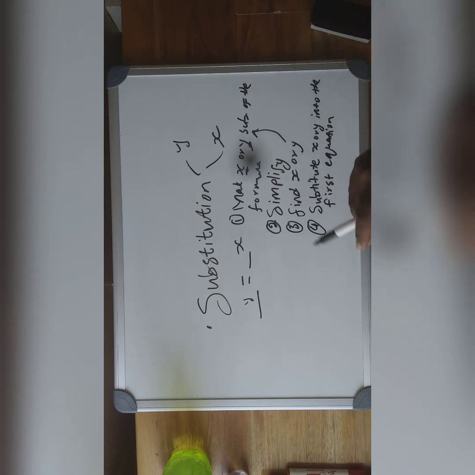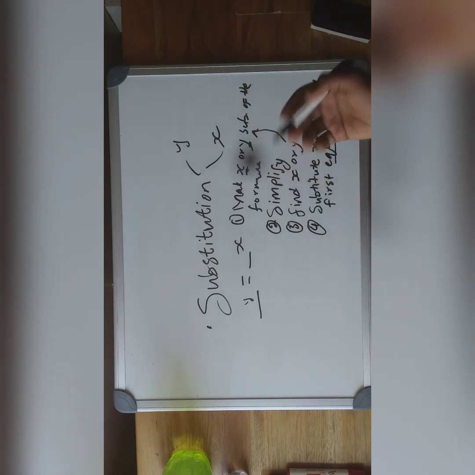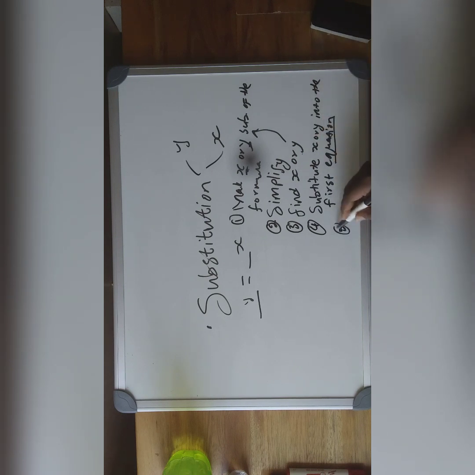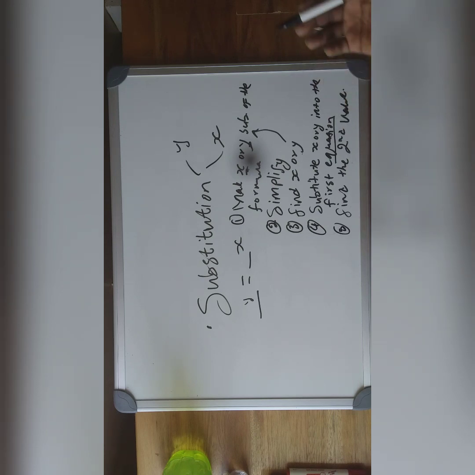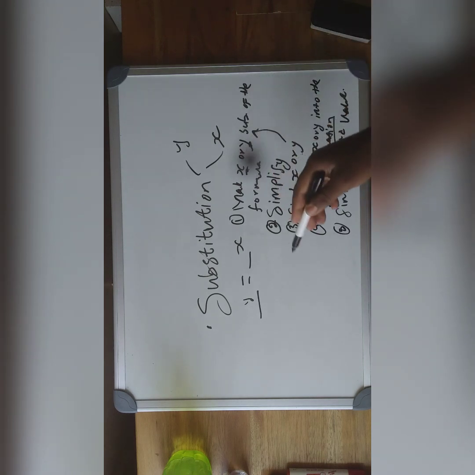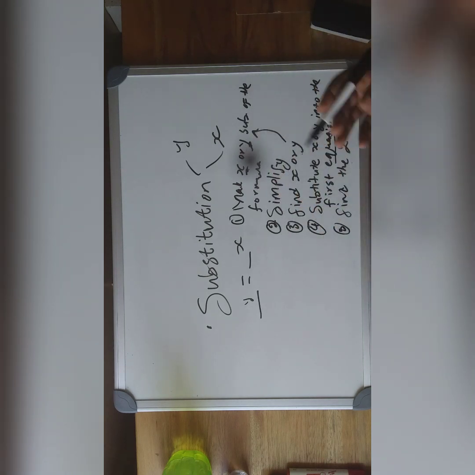Once you've done this, after substituting that, then you simplify everything, you solve it, then you find the second value. What I mean by that is, if you chose y, then now you're going to find x. If you chose x, now you're going to find y.